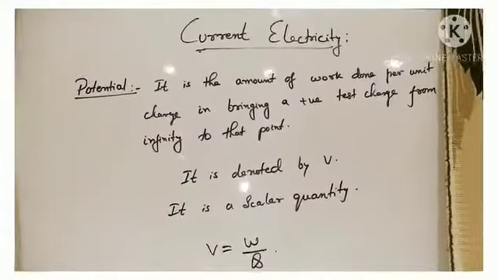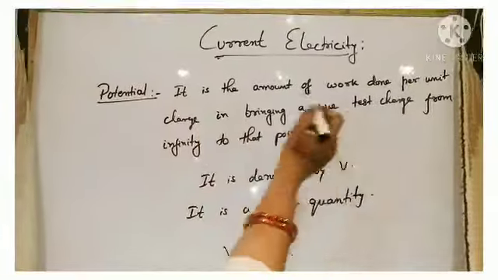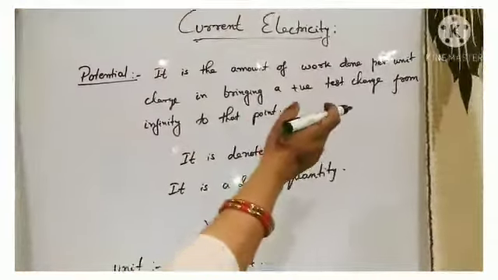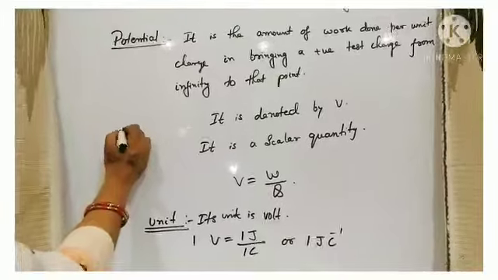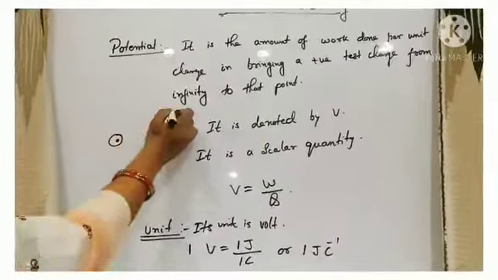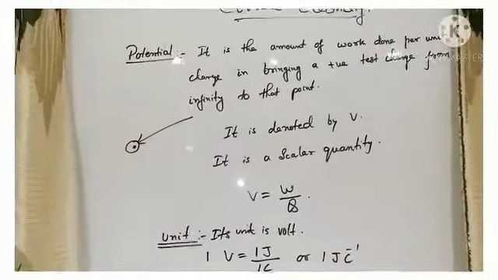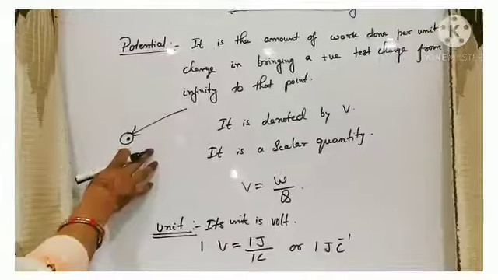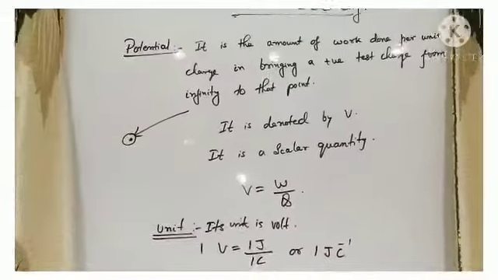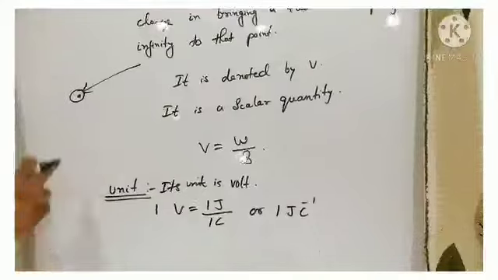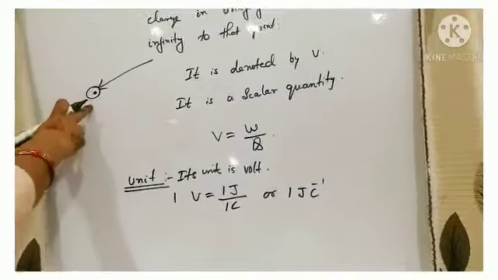Potential is the amount of work done per unit charge in bringing a positive test charge from infinity to that point. Suppose this is a point. Here we are bringing the charge from infinity to that point. The amount of work done per unit charge is the potential of this point.